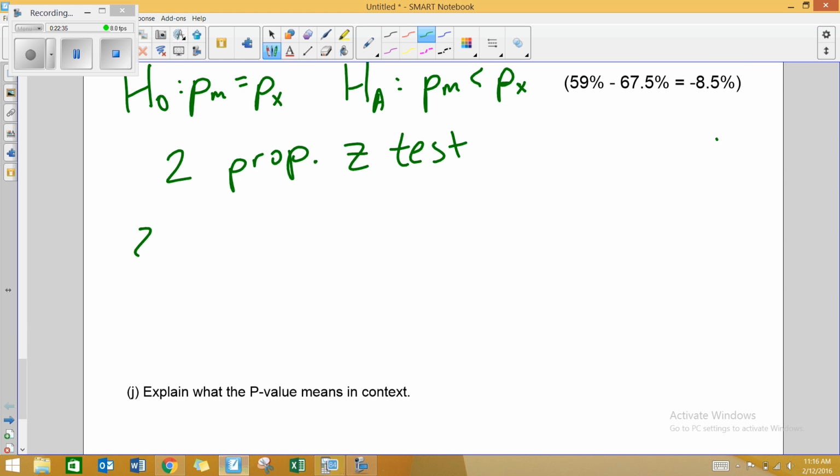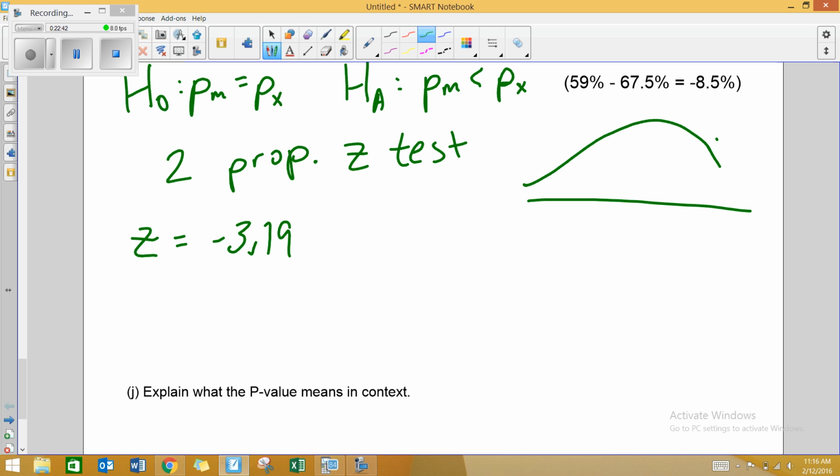Okay, so I get a z-score of negative 3.19. And what that means is I thought the difference between these was going to be 0, right? I thought p sub m minus p sub x would be 0. Well, what I saw was negative 8.5. I saw that a lot bigger. Well, that's negative 3.19 standard deviations away. So the difference I saw, p hat minus p hat, was really, really weird.